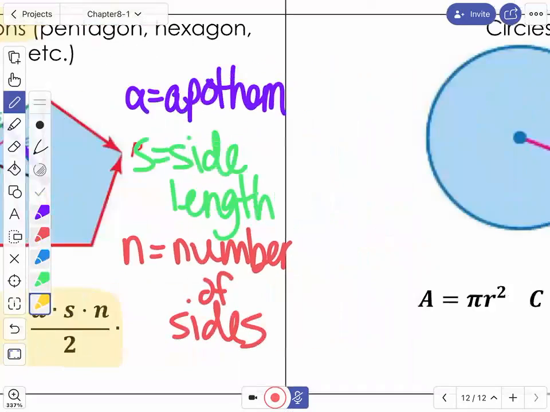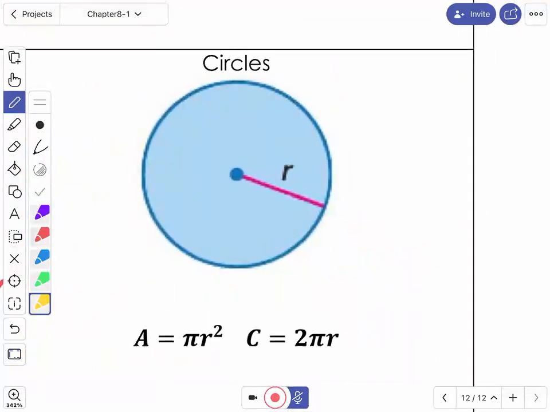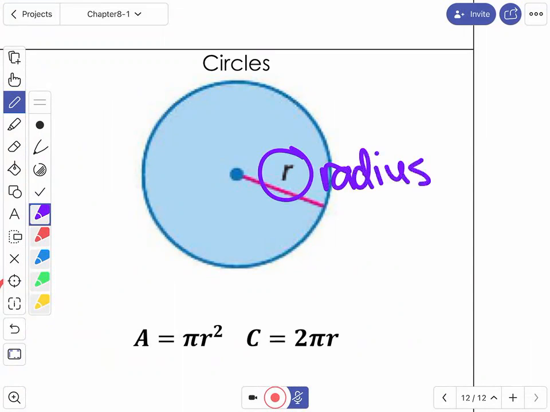All right, our next area that we looked at was for circles. This is not a polygon because it doesn't have any flat edges, but specifically what this circle needs is a radius. Radius has to go center to edge. If we have all the way across, that is the diameter.